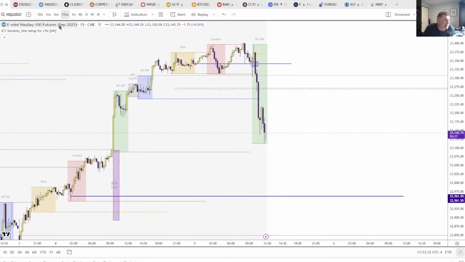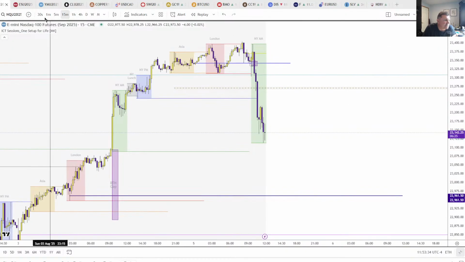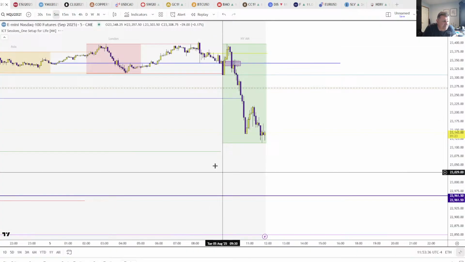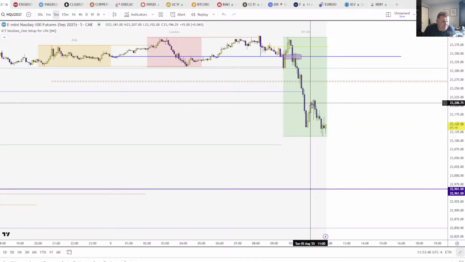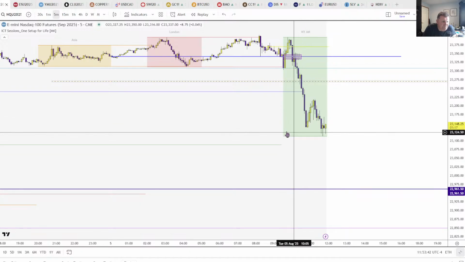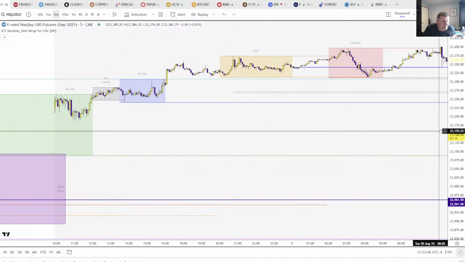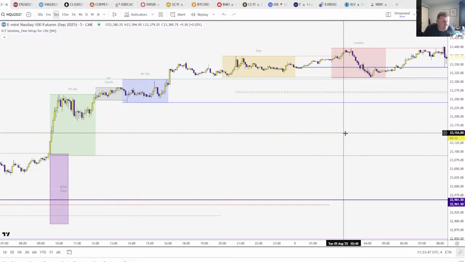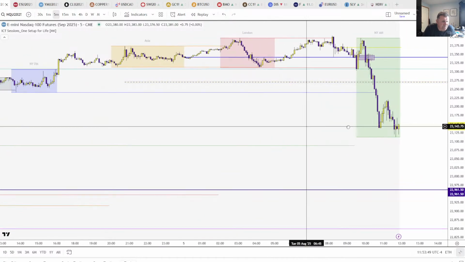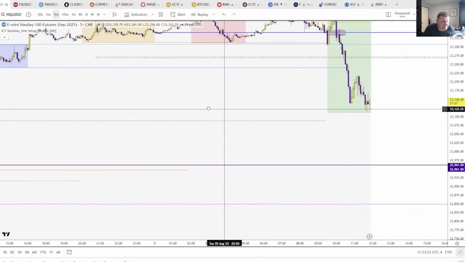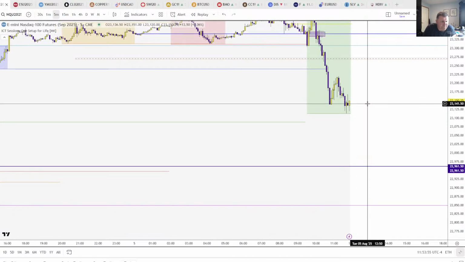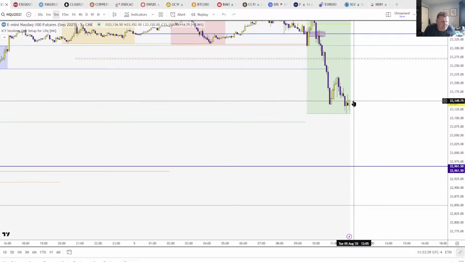Ideally, that was a, well, that's a 15-minute chart. Sorry, you said 5-minute chart, didn't you? 15 looked good. That regular trading hour gap looks delicious. We have broken market structure to the downside.